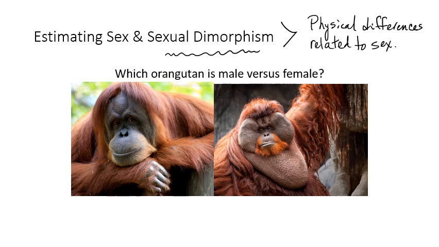Okay, so which orangutan is male, which one is female? I'll give you a second, take a look at the two. Clearly, the orangutan over here is male. This one is female. There's a lot of sexual dimorphism between them. When we look at the male, we see a very different cranium, for example.